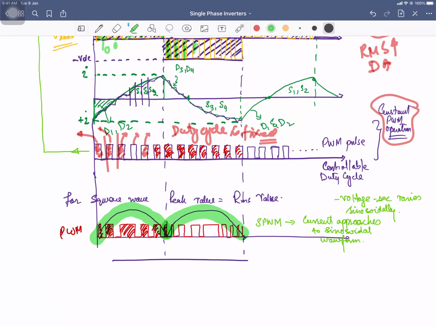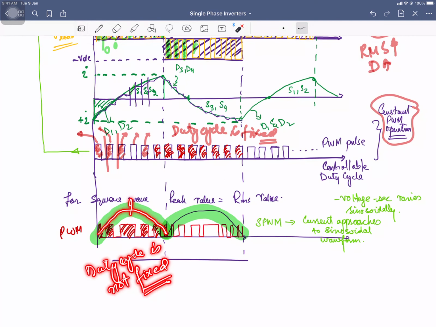As the magnitude of the sine wave changes, the width of the pulses applied at the gate of the switches is going to change. It means the duty cycle is not fixed, it is varying according to the magnitude of the sine wave.